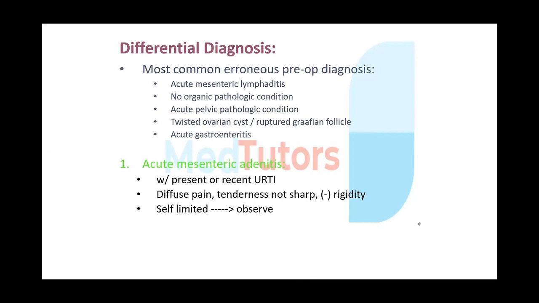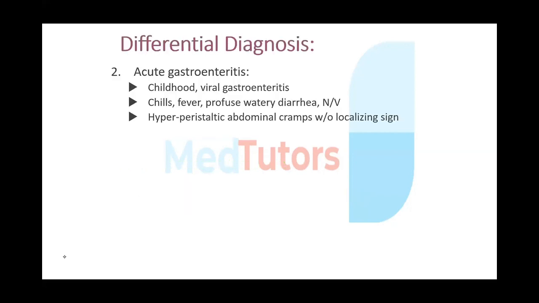Now, in acute mesenteric adenitis, they may have a recent urinary or upper respiratory tract infection, okay? So they have diffuse pain and tenderness, and it's not sharp.